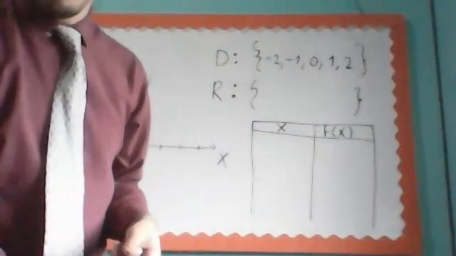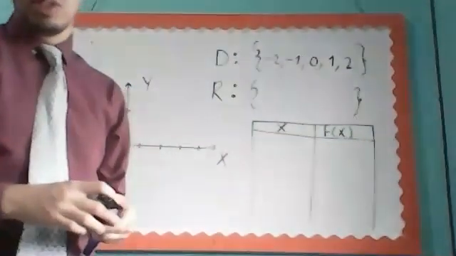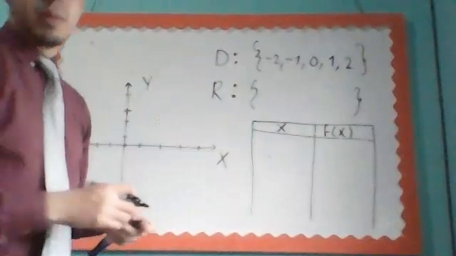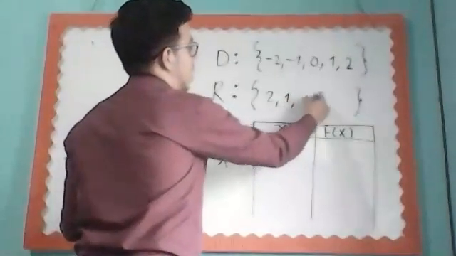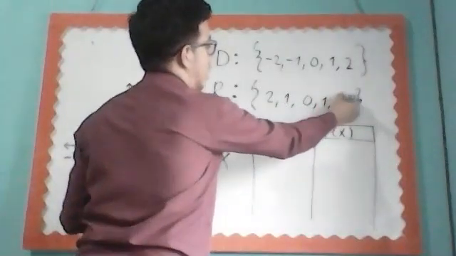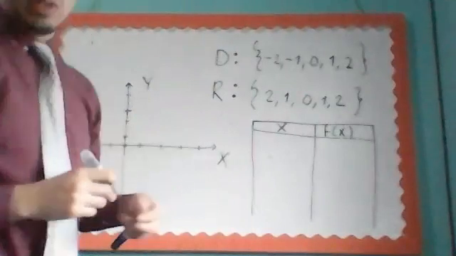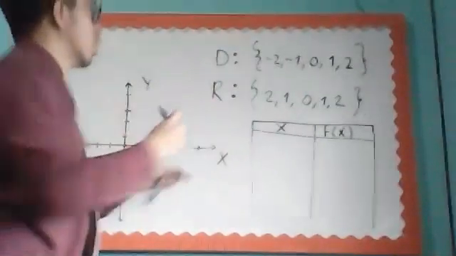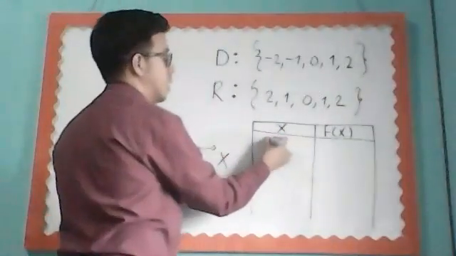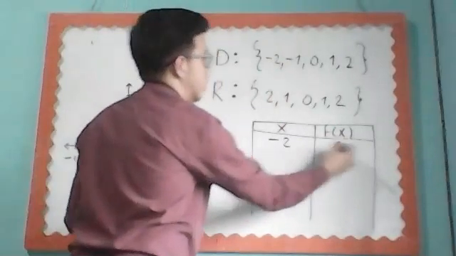And the values for the y, I'm going to just copy the values. 2, 1, 0, 1, 2. I'm just copying the values they have on the chart, okay? So when the domain is -2, the range is +2.